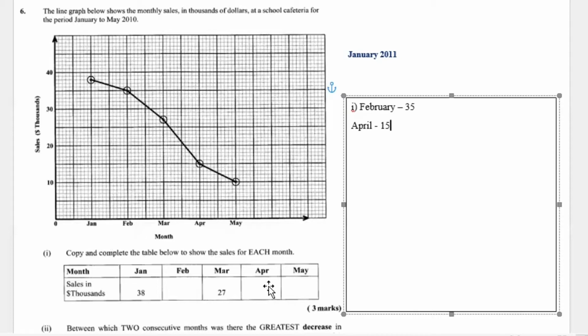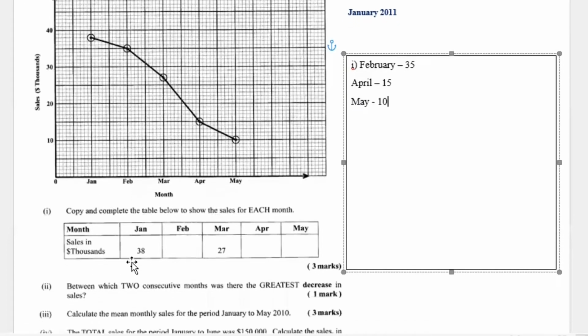And then for May, it is exactly on the 10,000 mark. So therefore, for May, it would be 10, which is representative of 10,000. So February is 35, April is 15, and May is 10. So we get our 3 marks there, easy 3 marks.